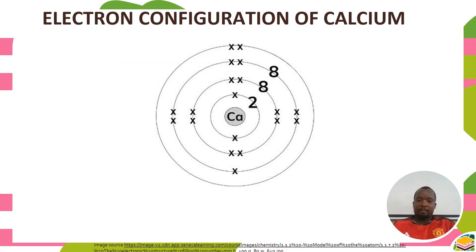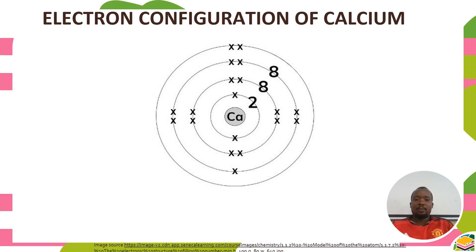Okay. For example, let us look at the electron configuration of calcium. Calcium has a total number of 20 electrons.